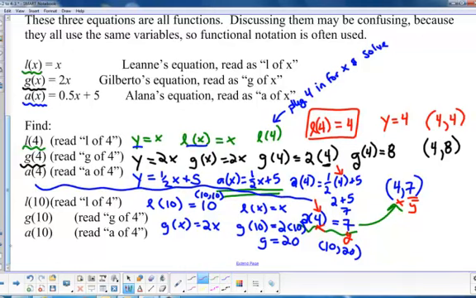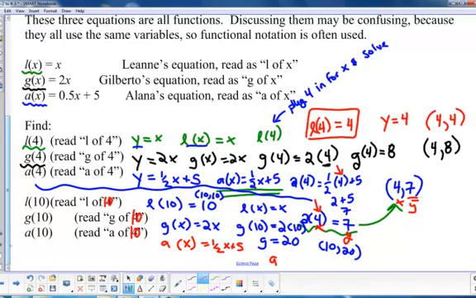Alright, and then Elena, when you plug 10 in for Elena, remember a of x is 1/2 x plus 5. So a of 10, these should all say 10.